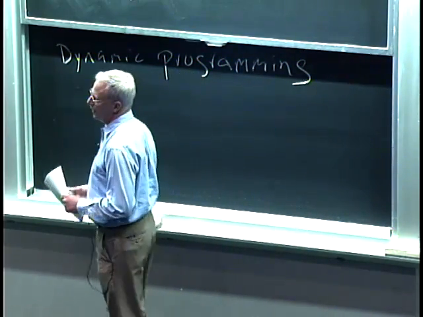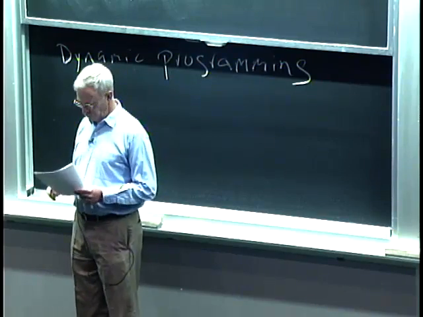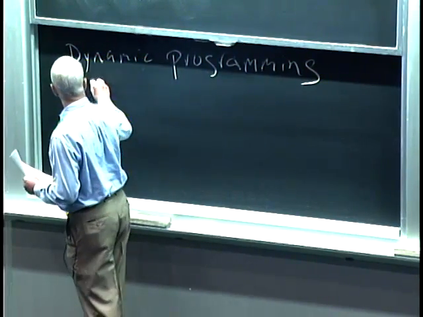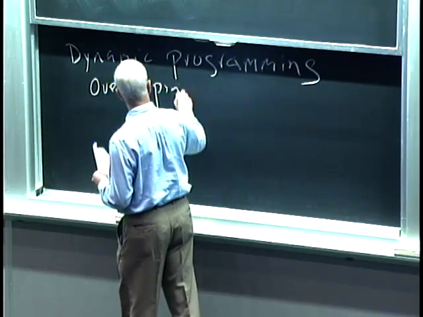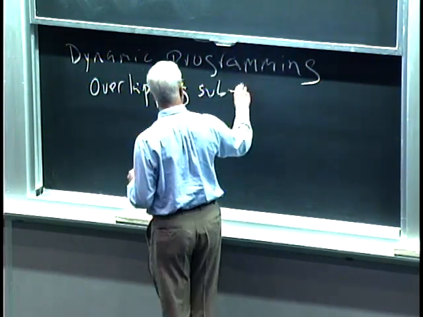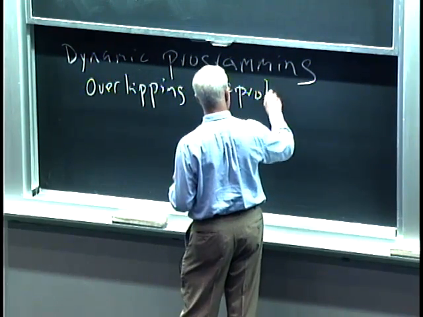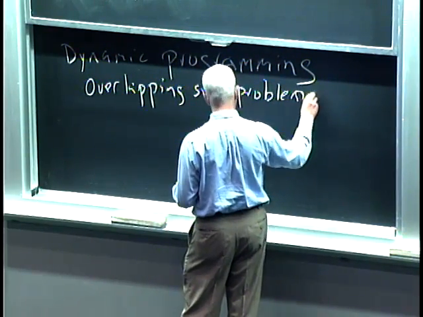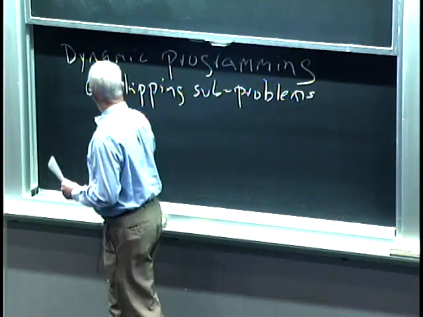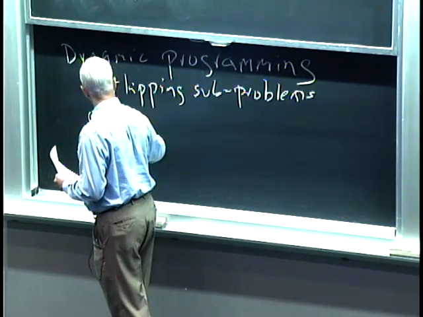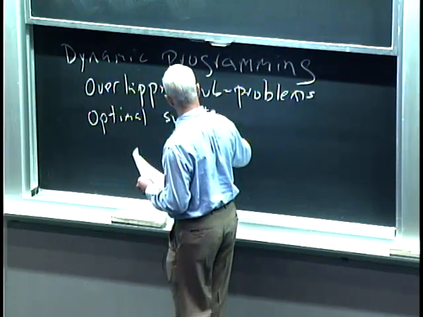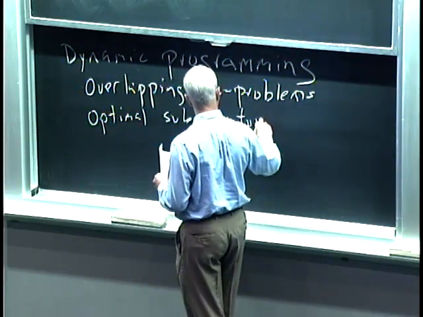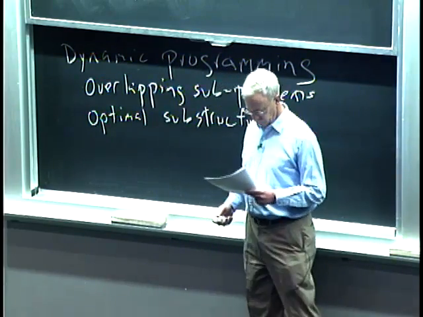The key thing in dynamic programming, and we'll return to both of these, is you're looking for a situation where there are overlapping subproblems and what's called optimal substructure. Don't expect to know what these mean yet. Hopefully by the end of the day, Tuesday, they will both make great sense to you.